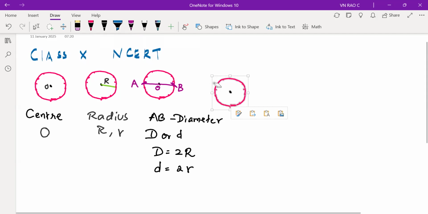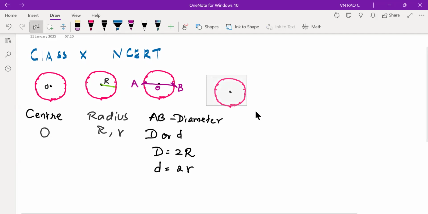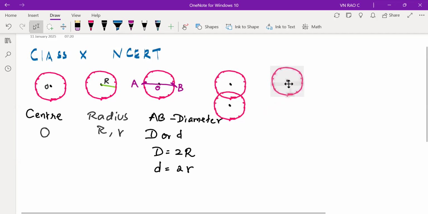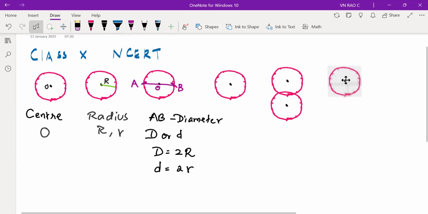So this is one more circle, and one more time. Let me copy it and keep it, so that it will be easy for me to explain the different concepts in the circle.